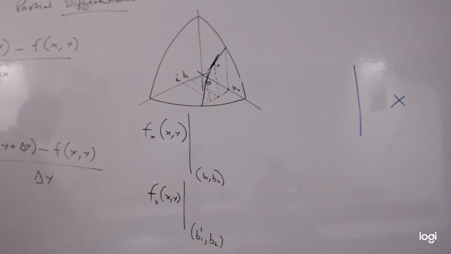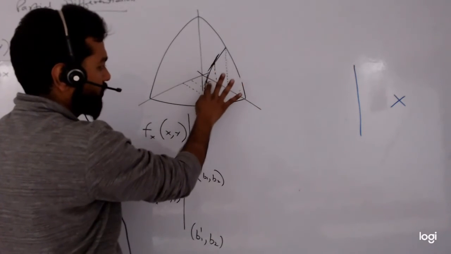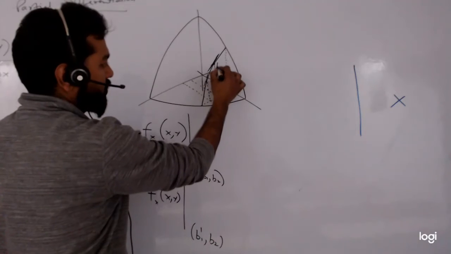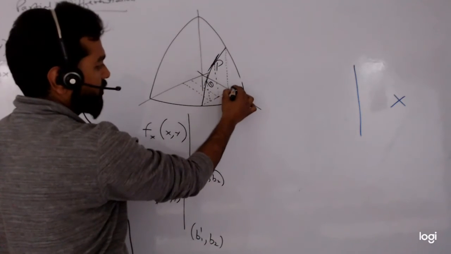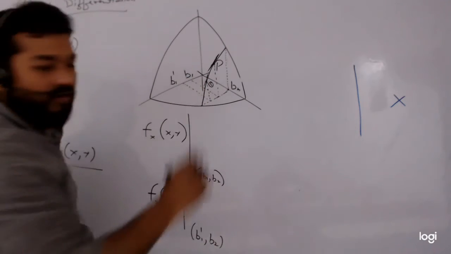So this is point P, this is point Q, this is b2, this is b1, this is b1 prime.